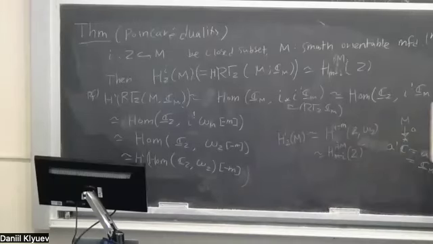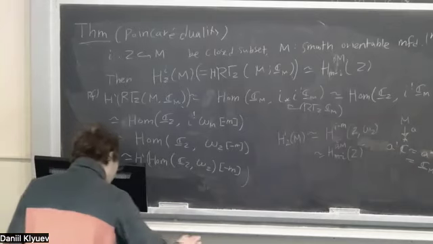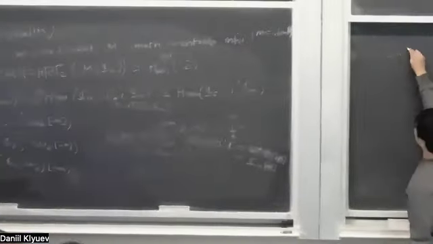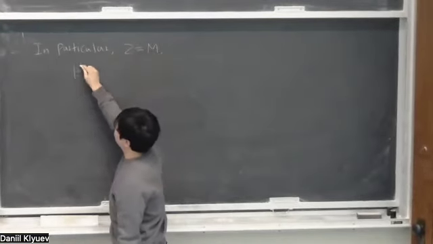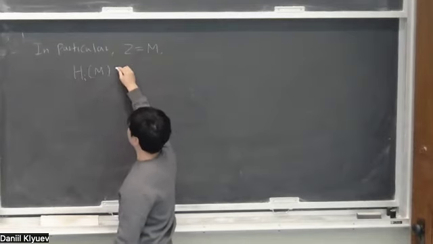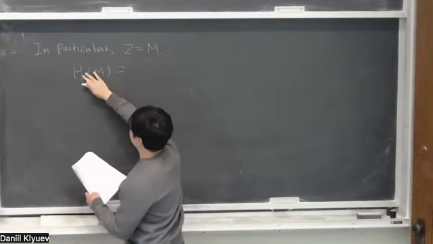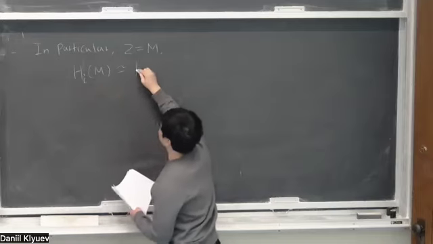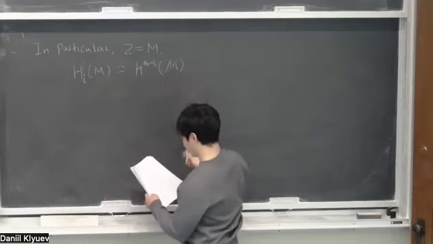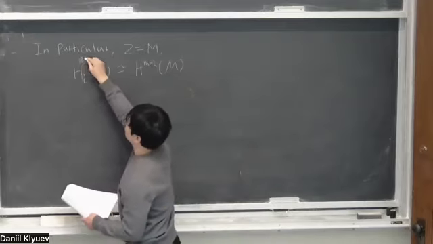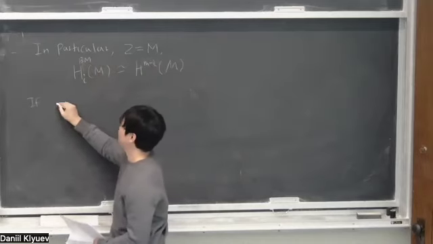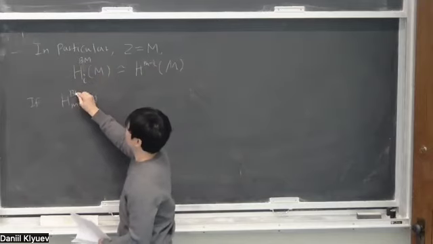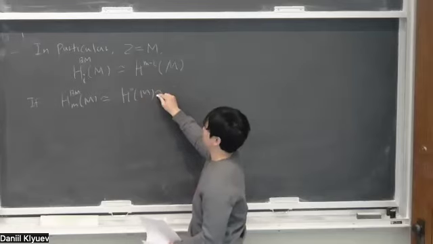So, in particular, when we take Z equals to M, then this will say H^i of M is isomorphic to H^BM_{m-i} of M. So if M is an orientable connected manifold, we have H^BM_m(M) isomorphic to H^0(M, C).